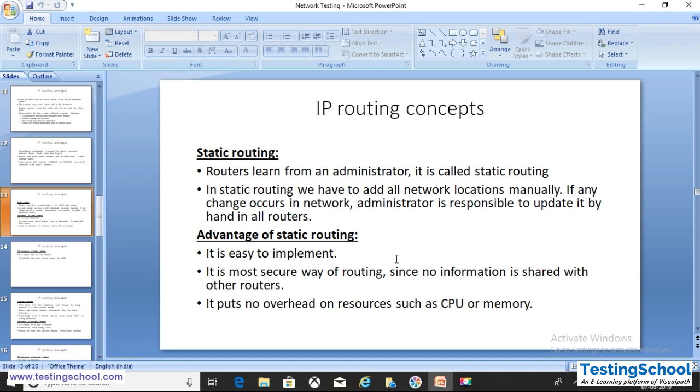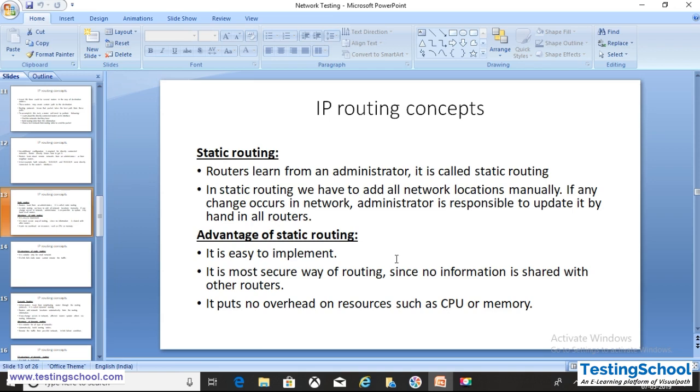Routers learn from an administrator. It is called static route. So there is an administrator under whom the entire network, or we can say entire router, will be there.